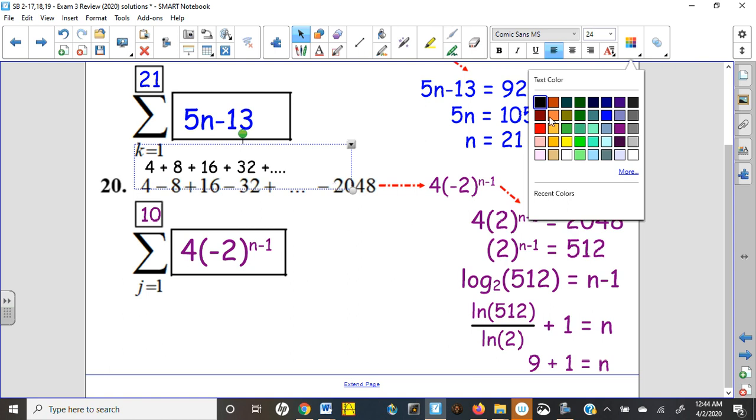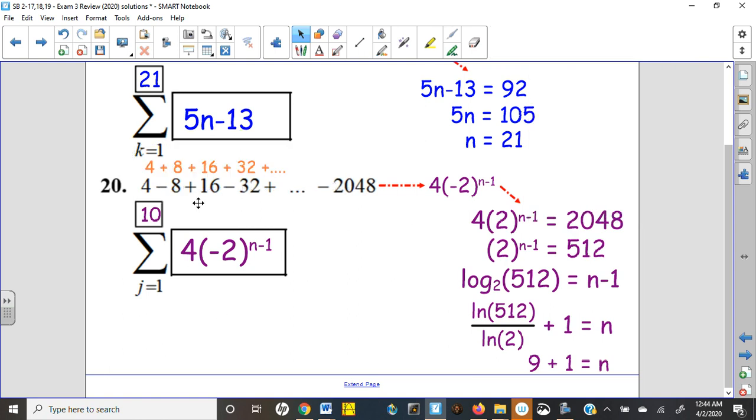What I want you to realize here is that it doesn't matter whether the values are positives or negatives. The absolute value of the terms is going to line up every time. The first term is 4. The second term is 8. Now, one of them is being added, one of them is being subtracted, but 8. The next term is 16. The fourth term is 32. Now, one of them is being added, one of them is a negative, right?